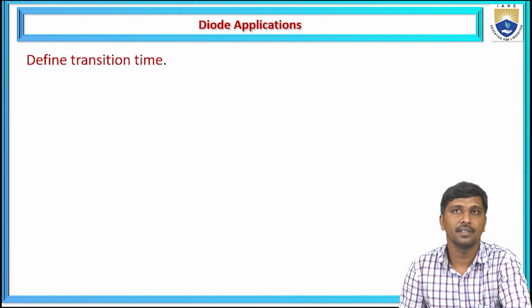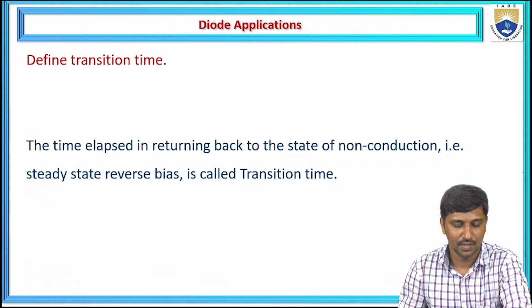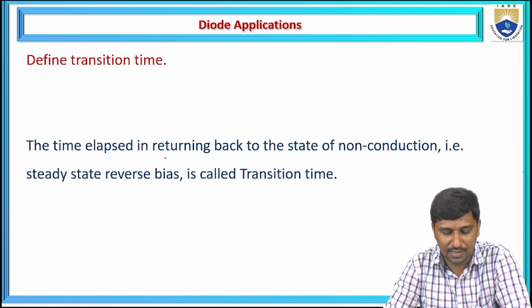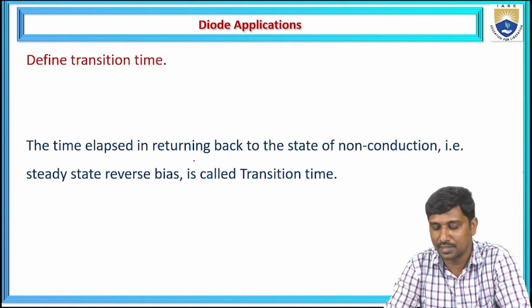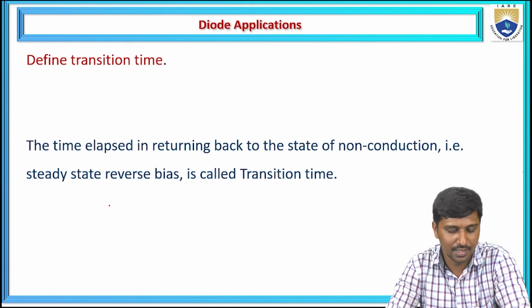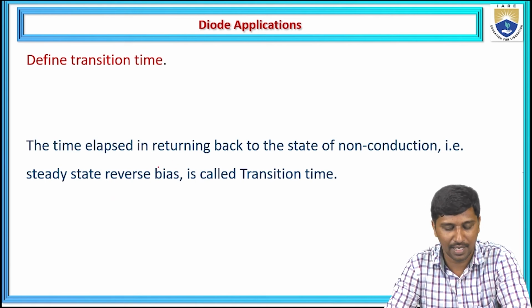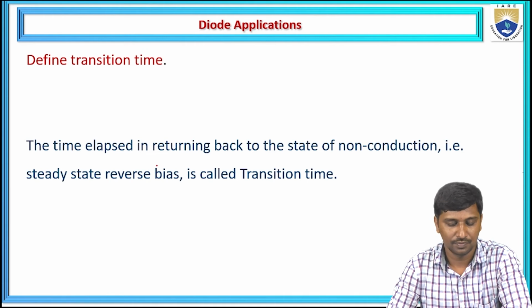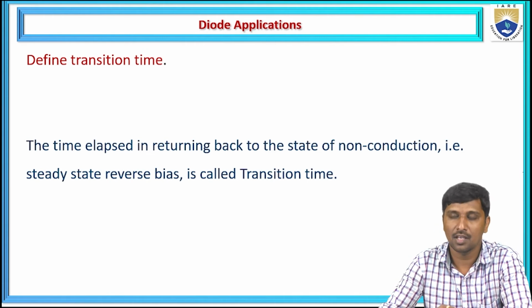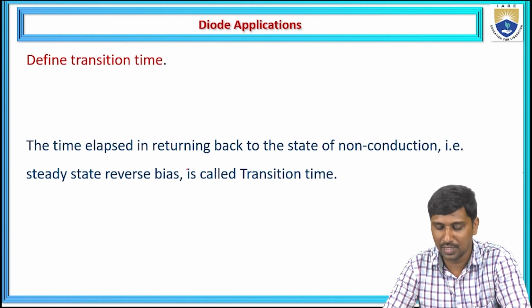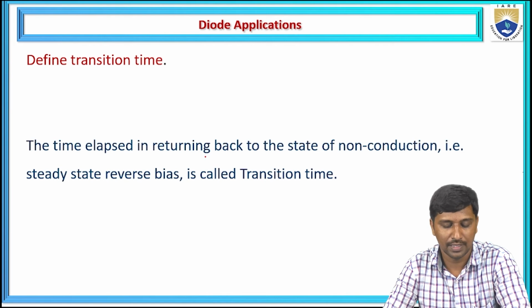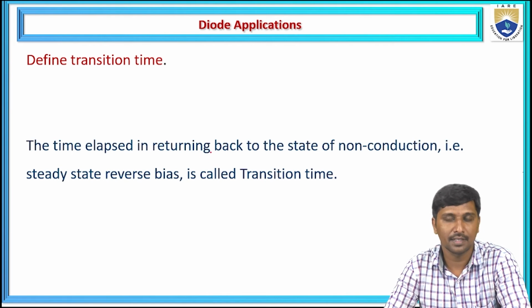Then we need to define transition time. Here the transition time is the time allowed for returning back to the state of non-conduction, that is, a steady state reverse bias. It means how much time is required to enter the non-conduction state. That time is the transition time.